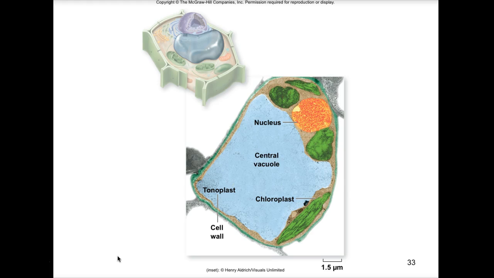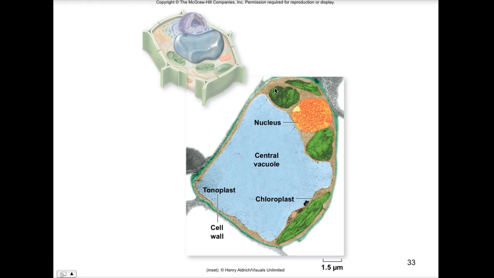Of course, there you see the central vacuole. The central vacuole makes up the bulk volume of a plant cell. So here you see a typical plant cell, and you see that central vacuole right here. The membrane of the central vacuole is called the tonoplast.